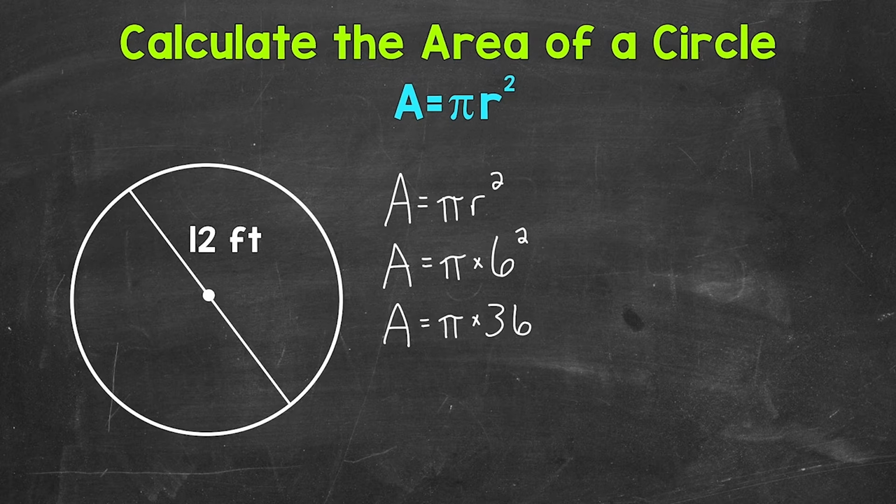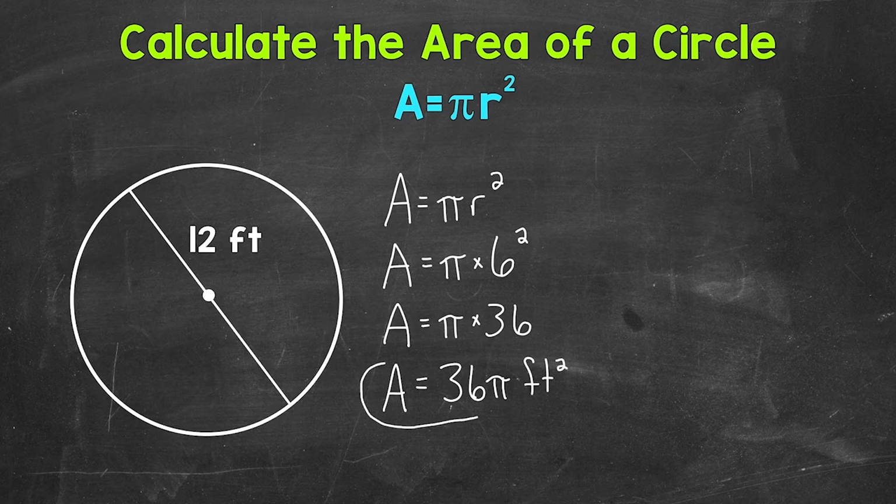That means we can write our number in front of the pi symbol and then put our unit of measure. So we can put 36 pi, and this is square feet for our unit of measure. So that's one way we can write out our area of that circle.